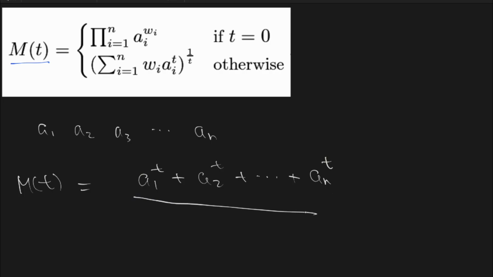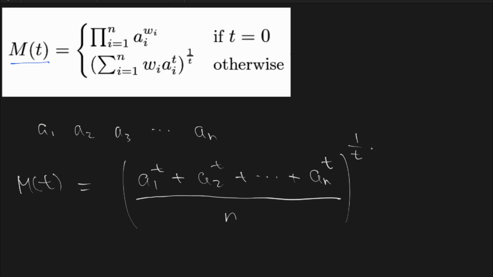We divide it by n so that we get, quote unquote, the average, and then we take it to the 1 over t, which is the tth root, if you will, and that is our t power mean.